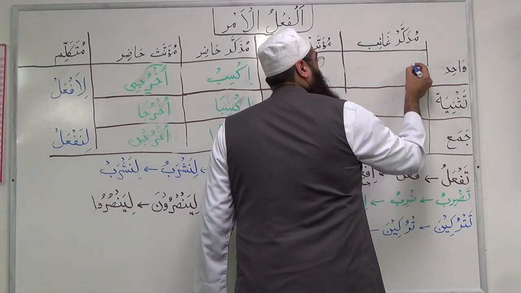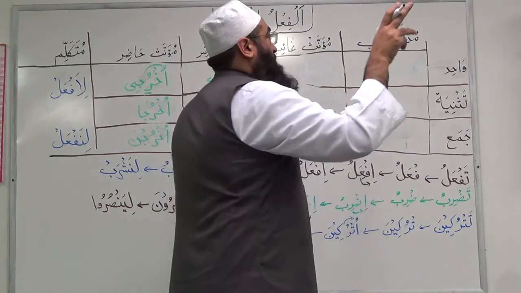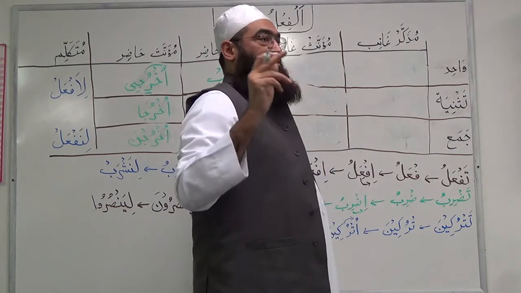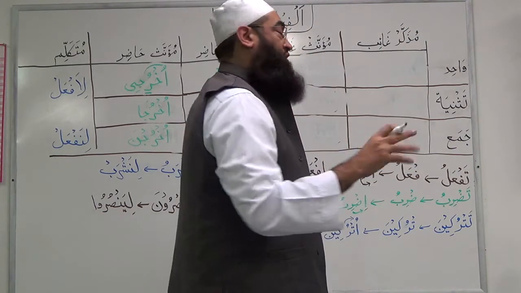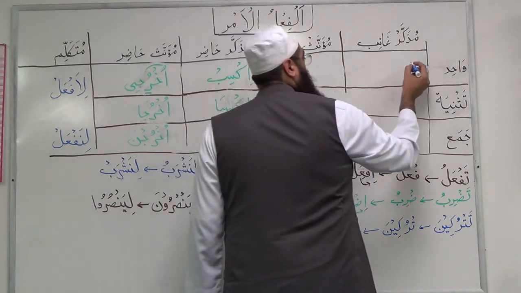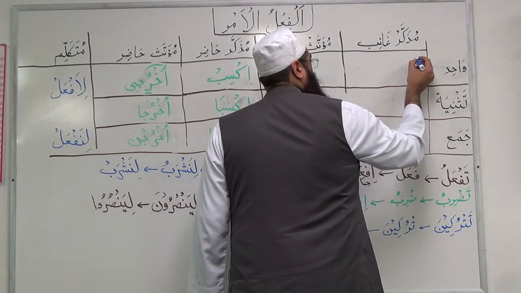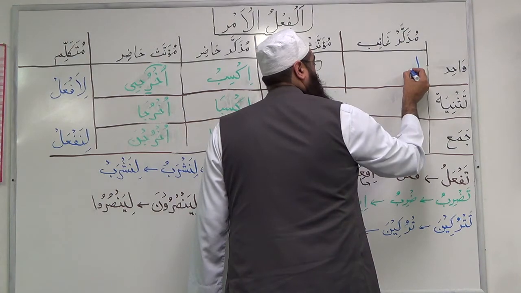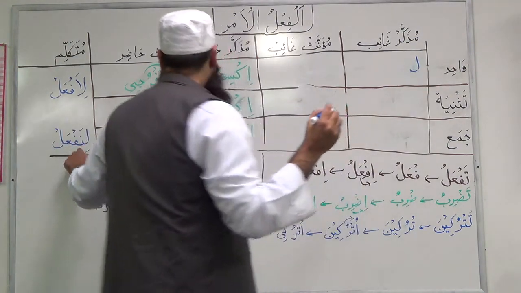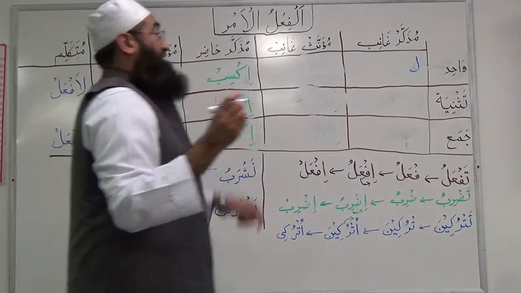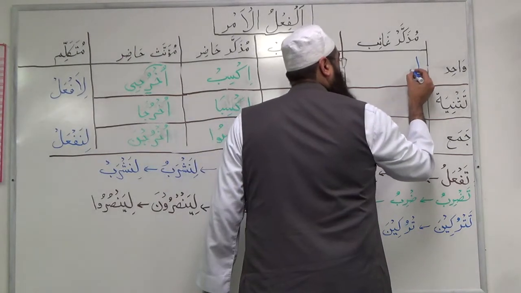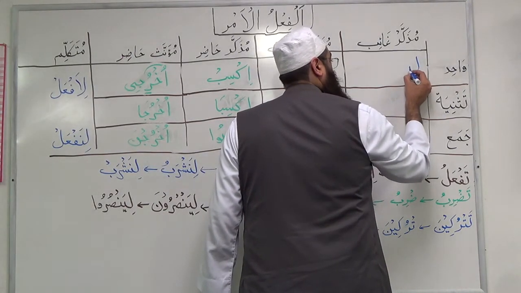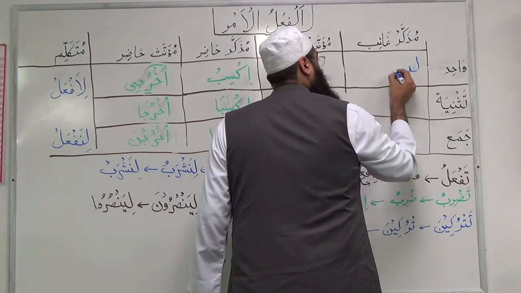So nashara yanshuru. What would it be? That one man should gather. So how are we going to say it? Lam comes like li, and then nash would be noon. Yeah, good job. So yan, the ya comes here, and then noon comes, and the sheen.